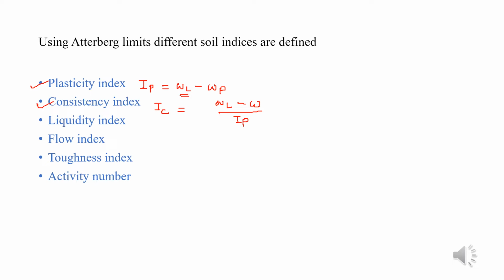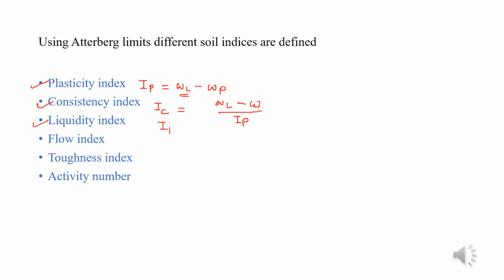So it's basically a ratio, right? This consistency index is useful in the study of the field behavior of saturated fine grained soils like clay. We will see later how this index is useful and helps in classifying soils.